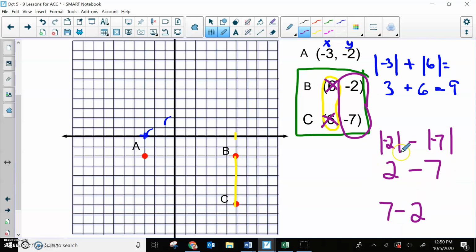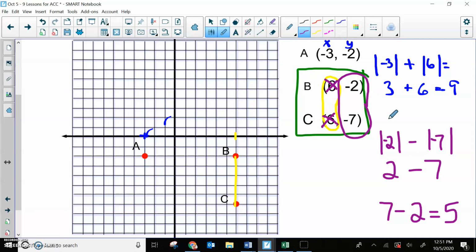So we can put the number with the greater absolute value first, like this, 7 minus 2, and then our answer is 5. So it's 5 units away. Because we're simply dealing in distance, we can switch the location of these two numbers and we will still get the correct distance away from them.